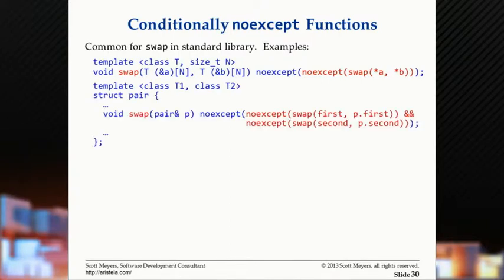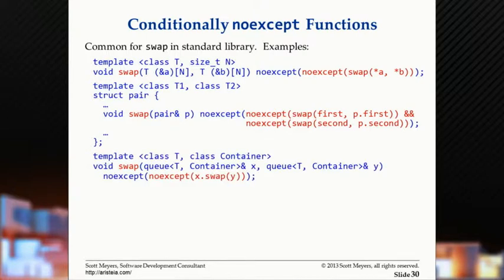And this is for pair. And this says that swap for pairs is noexcept if it is guaranteed that you won't throw an exception when you swap their first component, and you won't throw an exception if you swap their second component. Also conditionally noexcept.